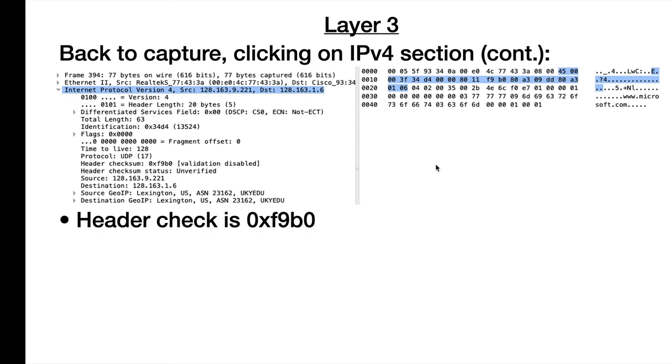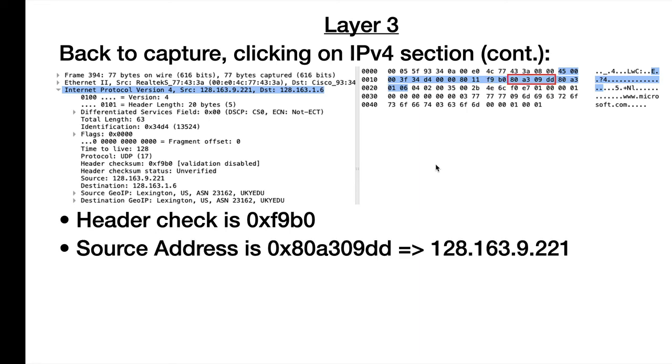So if we continue looking at this, we have the header checksum right there. And then the next thing we have is the source address, which is shown in hexadecimal there. I converted that to decimal dotted notation, which is 128.163.9.21. Notice up in the very top line that's highlighted in blue, it shows that as being the source.